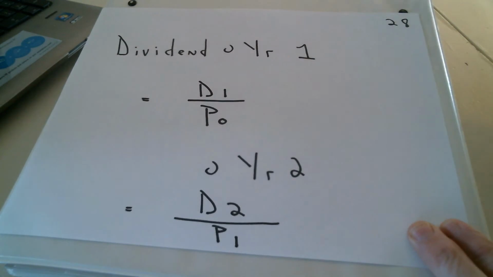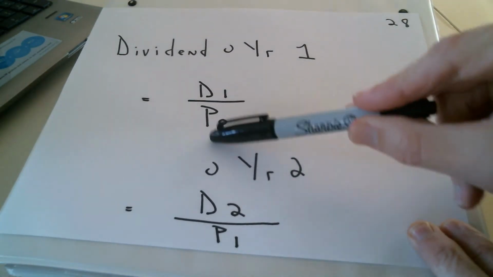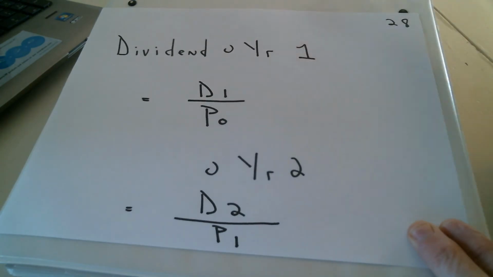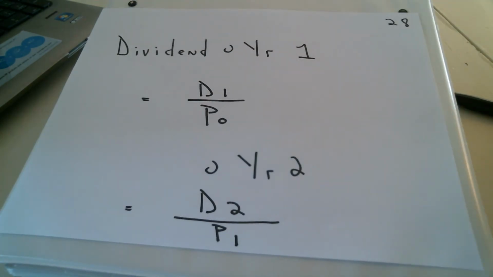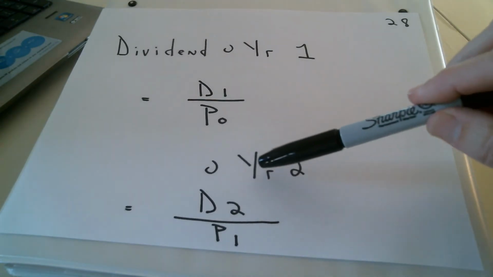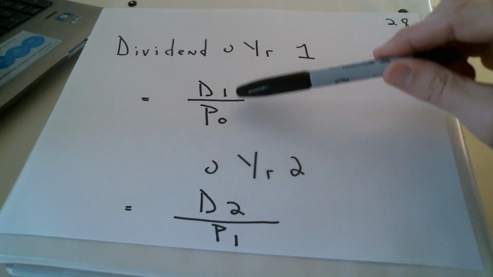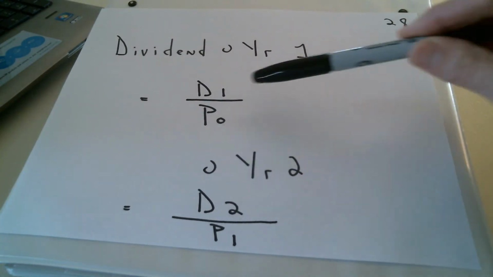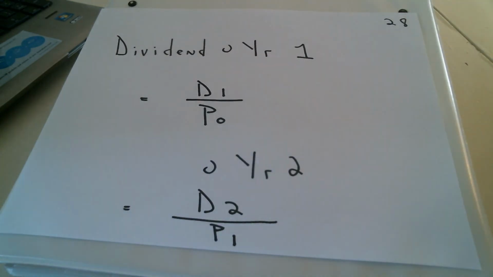We extrapolate out 1 year. If we know the price at P0, we're expecting dividend D1 over P0. That is our dividend yield. Likewise, if we want to come up with year 2, it's simply D2 over P1. Year 3 would be D3 over P2.